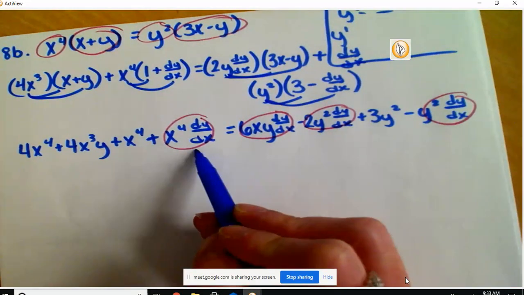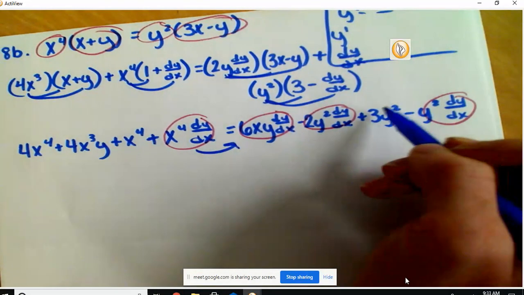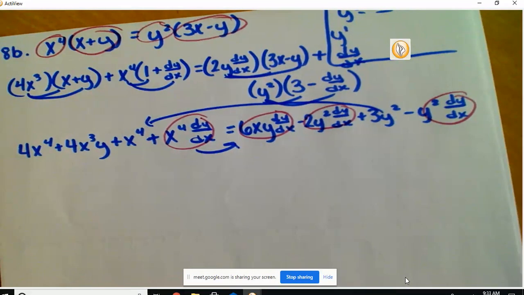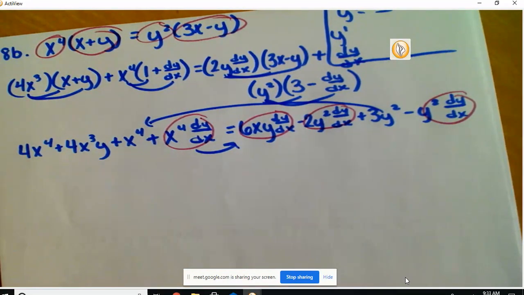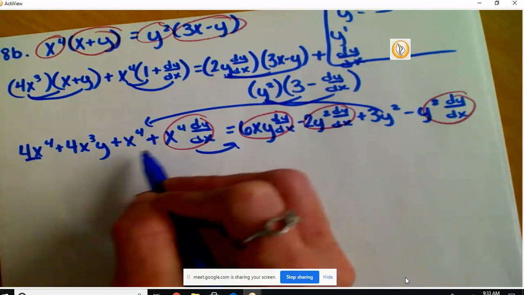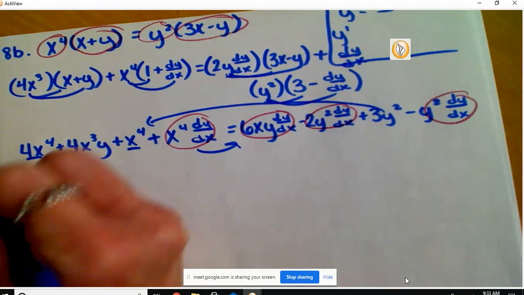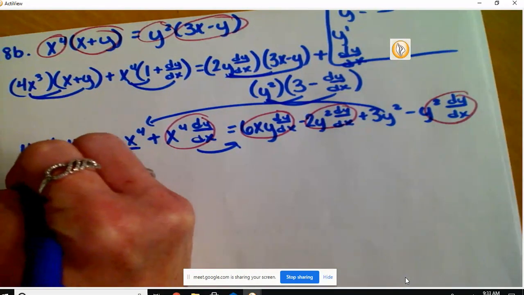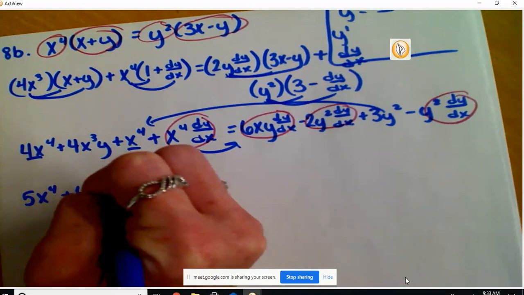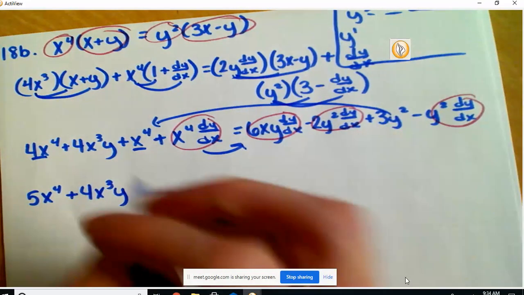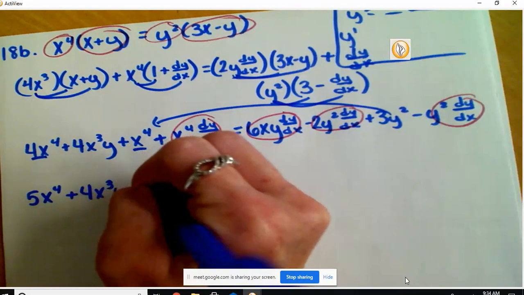So I'm just going to bring my x to the fourth over, and I'll take this 3y squared over here. I do have a few like terms we can combine in the process as well. 4x to the fourth and 1x to the fourth will give me a 5x to the fourth, plus my 4x cubed y. Subtract over my 3y squared.